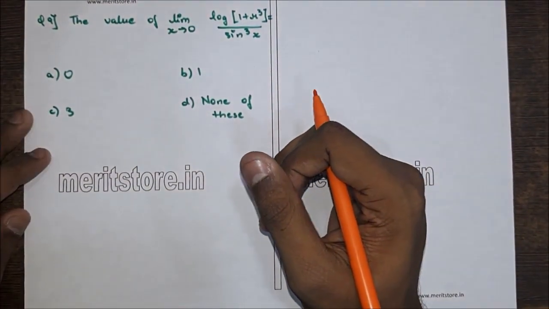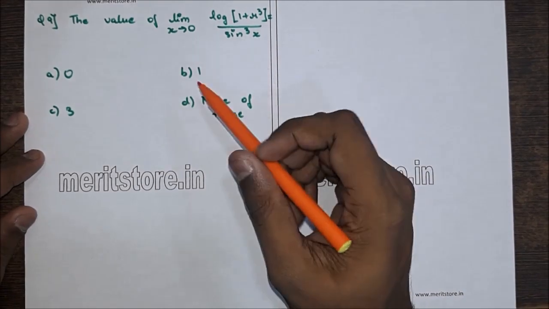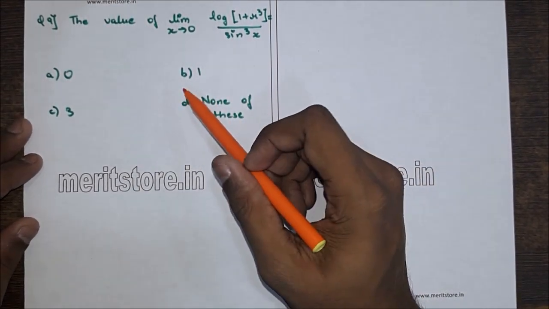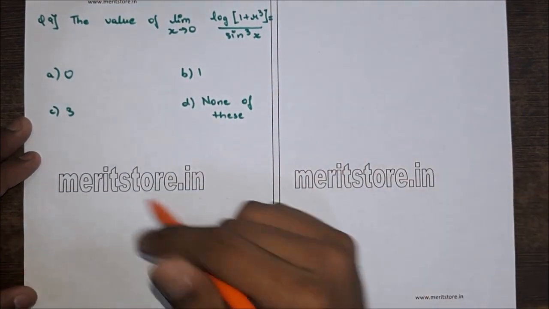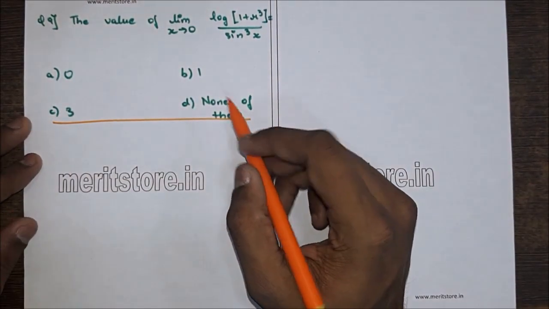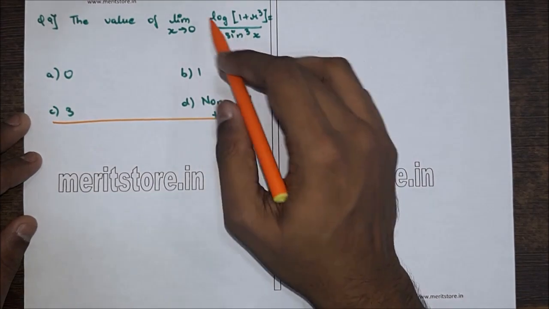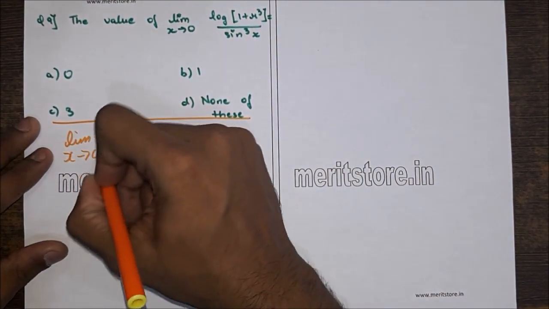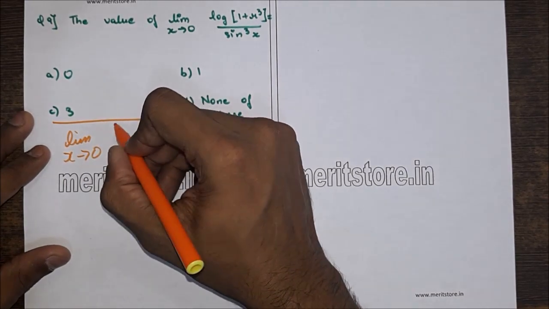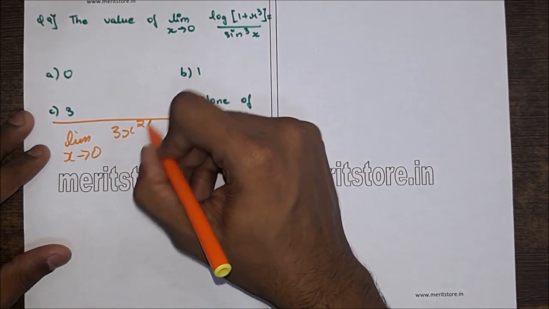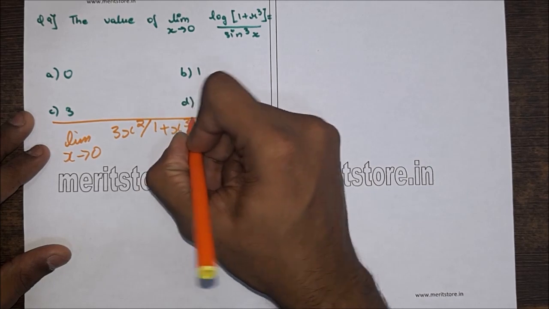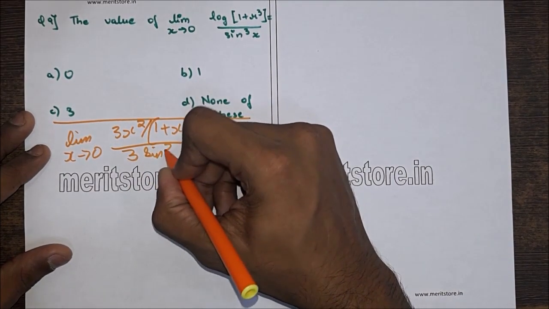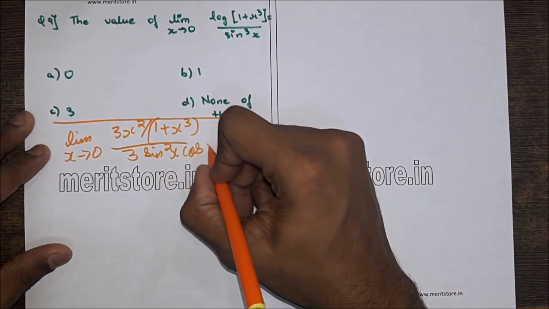The value of limit x tends to 0 log of 1 plus x cube by sine cube x equals a 0, b 1, c 3 or d none of these. So for this we use L'Hopital's rule on this. That gives us limit of x tends to 0 into 3x square by 1 plus x cube upon 3 into sine square x into cos x.